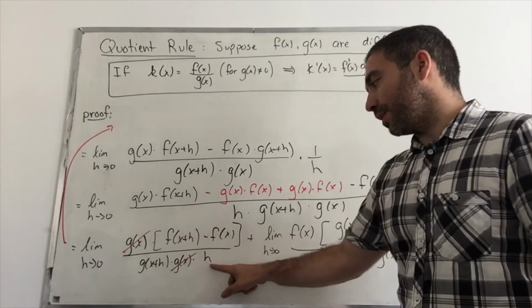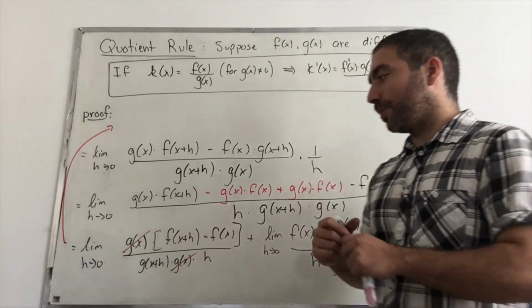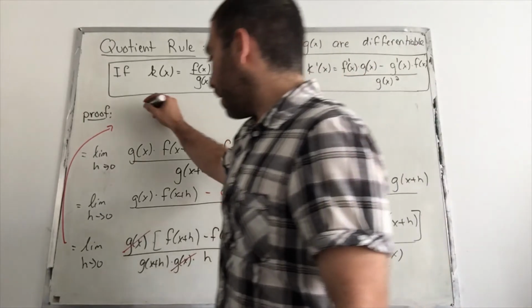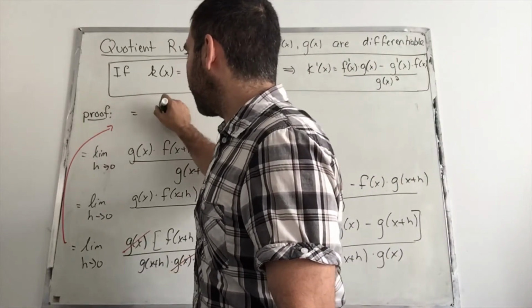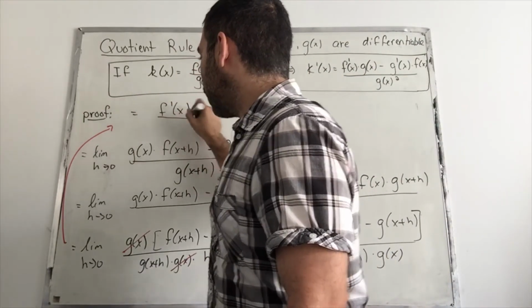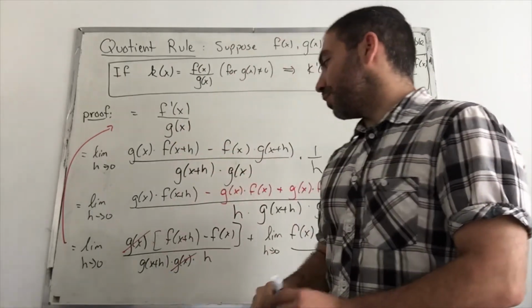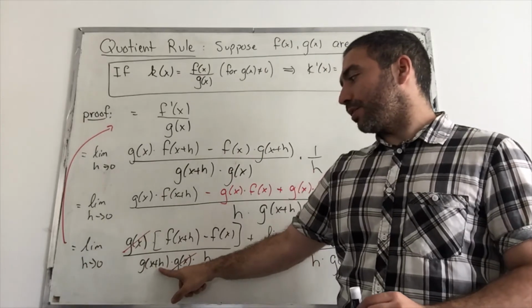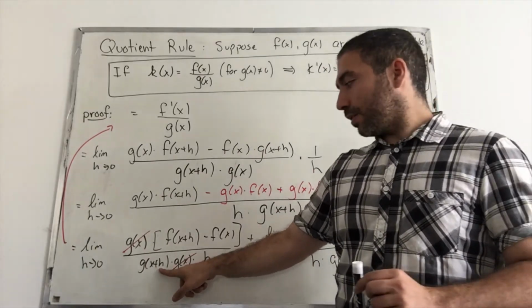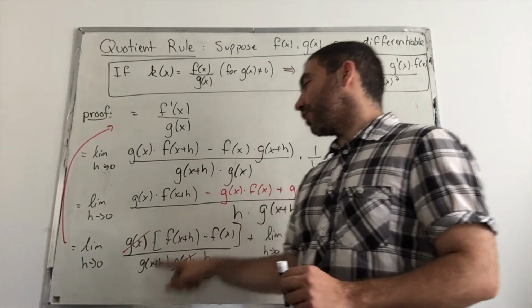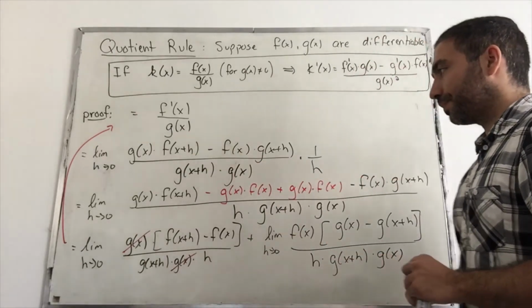This here, with this h on the bottom, is the limit definition of a derivative for f. So what we have here is f prime of x over g of x. Because we're taking the limit as h goes to 0, so the h inside the g is gone. It's replaced with 0, so we're just left with g of x. We get this over here.